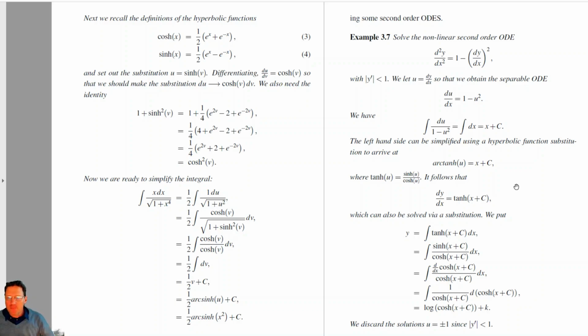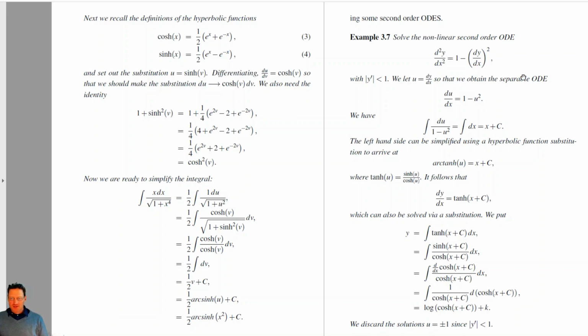Here's another example in which we're going to use a hyperbolic function. So here we see a first example of a second order ODE. Why is it second order? Well, because the highest order derivative is 2 here, what we see on the left. Now over here on the right we have a derivative squared, but that makes it just nonlinear.